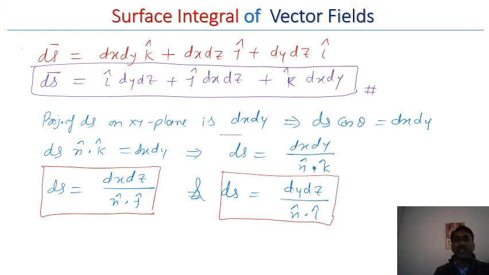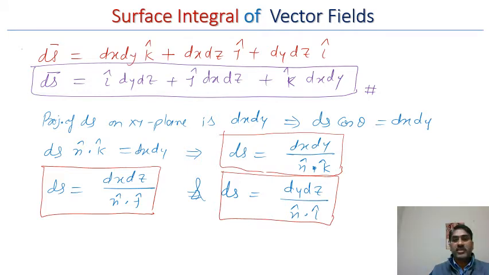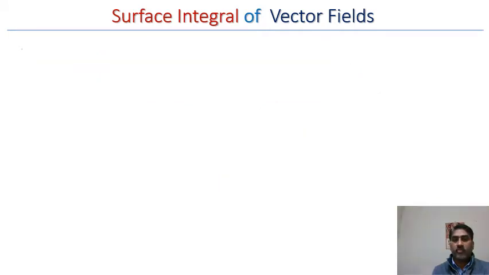We many times need to simplify the integral, and direct integration is sometimes very tough. Most of the time it is very tough. Then we use this simplification, meaning we take the projection on some plane and write ds is equal to one of these forms. So let us see when we will use which form.